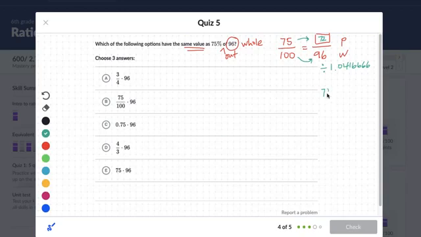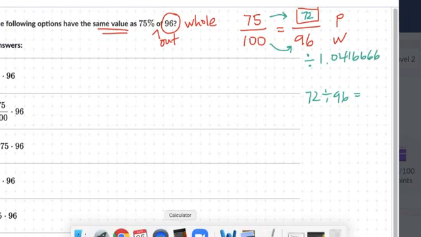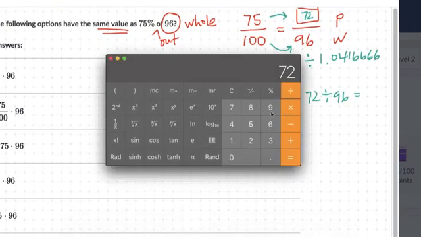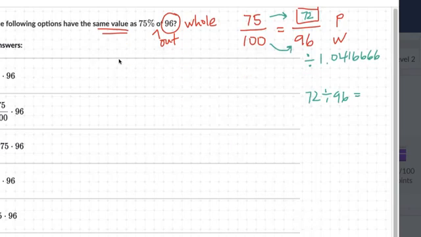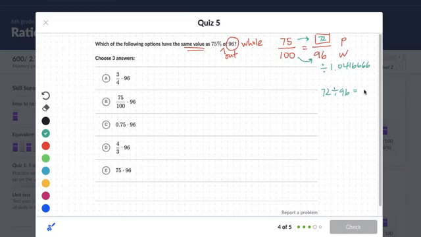Let's check it. 72 divided by 96 gives 0.75, because it gives it to you in decimals. So that's before you move it over, okay? That's the equivalent ratios method.